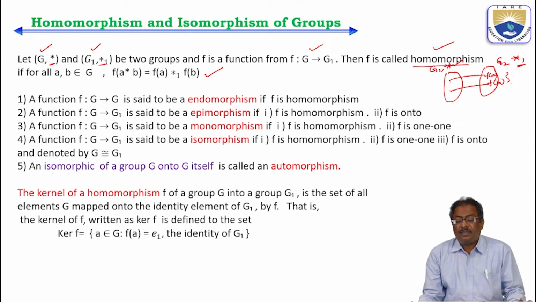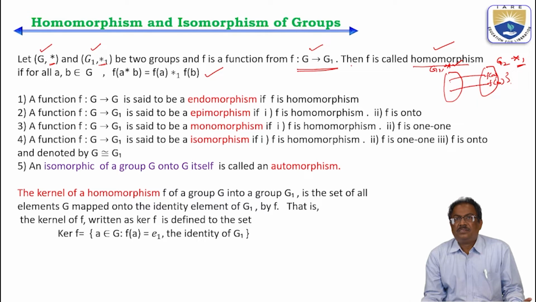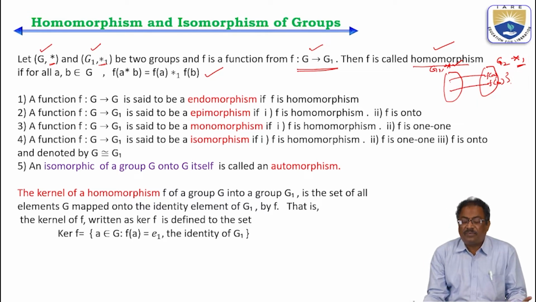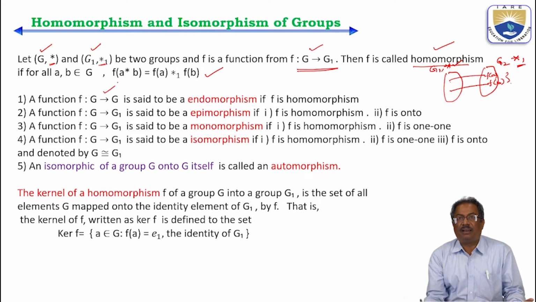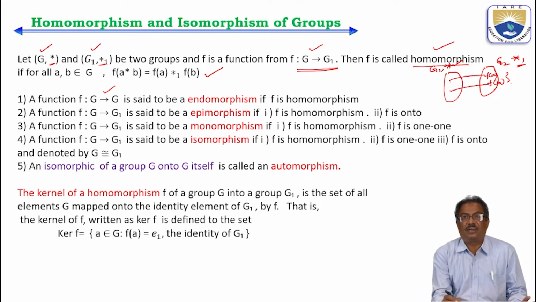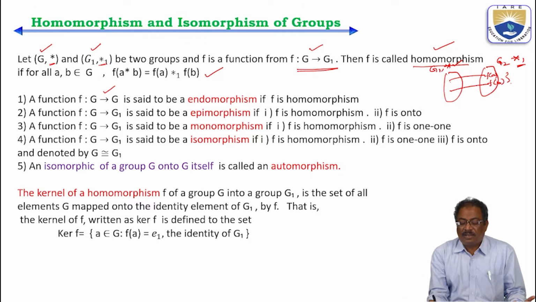Now, let us observe here, F is from G to G1. Suppose F is from G to itself, and the above said condition is satisfied, that means F is defined from G to G itself and it is a homomorphism.